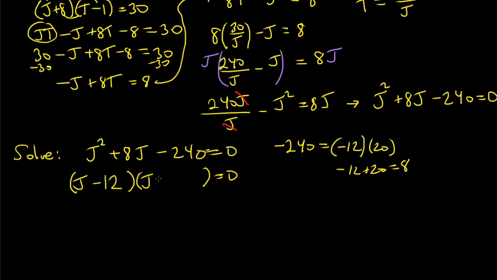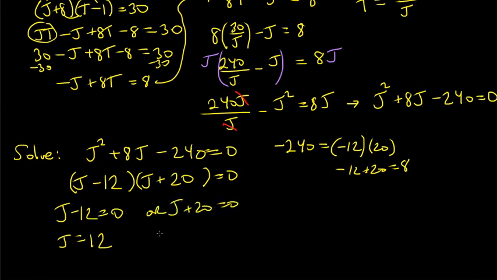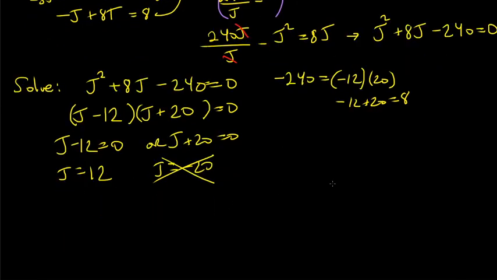So (j minus 12) times (j plus 20). So that means j is either equal to 12, or if we subtract the 20, j is negative 20. But that doesn't make sense. Your speed can't be negative unless you're jogging backwards. Good luck with that, I guess. No, so it's going to be positive 12 here, right? We can ignore the negative. It doesn't make sense for this problem.